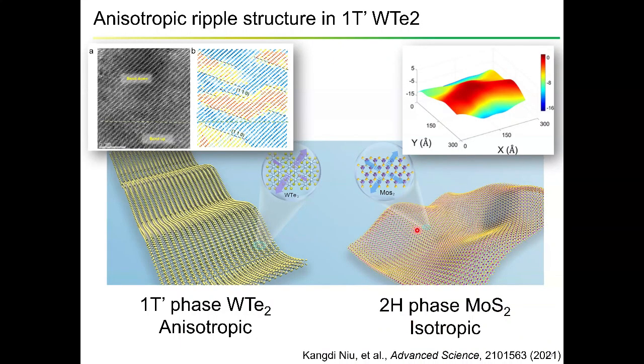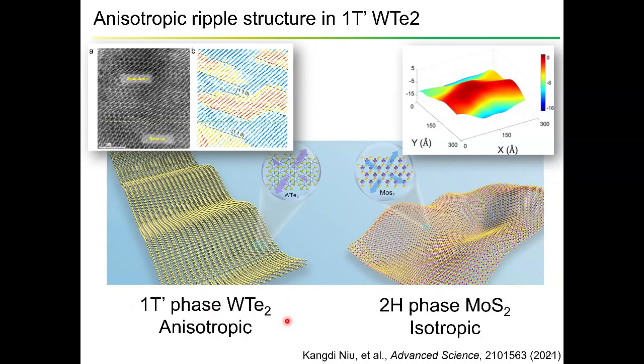That means the wrinkle or ripple can propagate in every direction in this high symmetry lattice. And in 1T prime, because it maintains a very low symmetry lattice phase, the structural distortions are highly anisotropic. It only prefers certain directions of distortion.